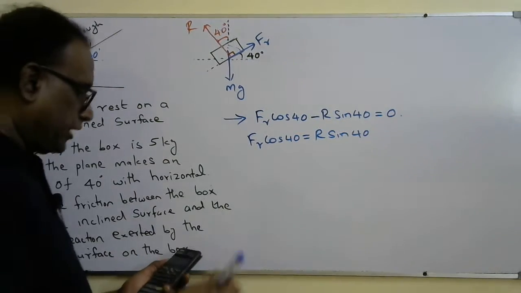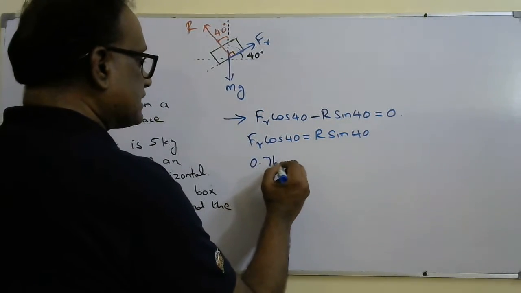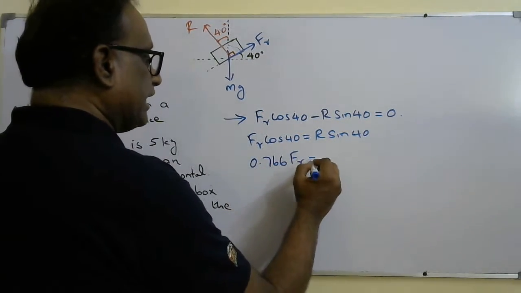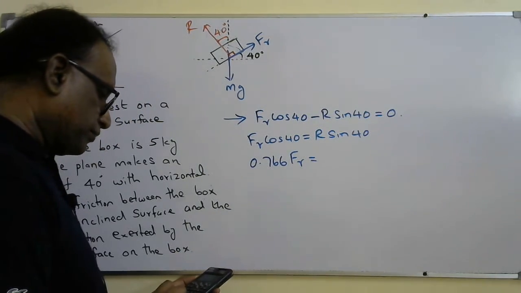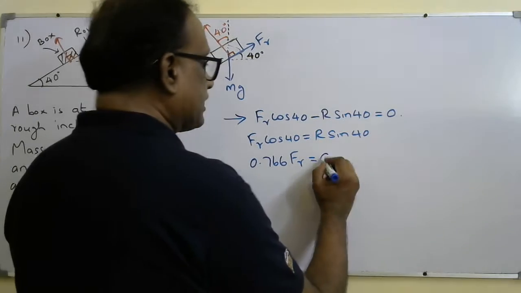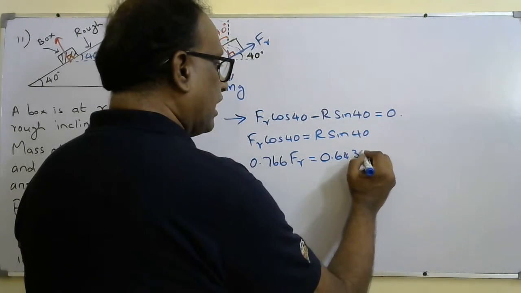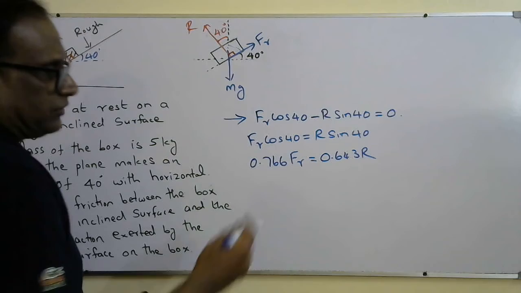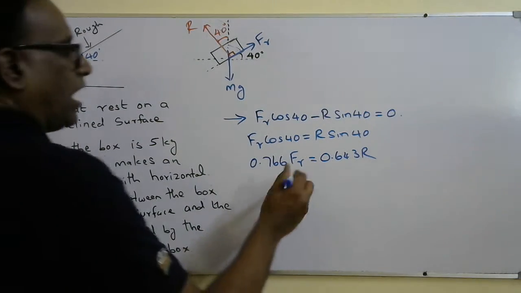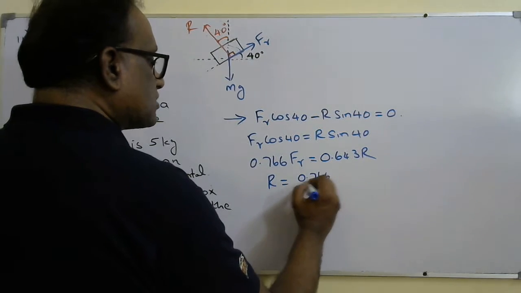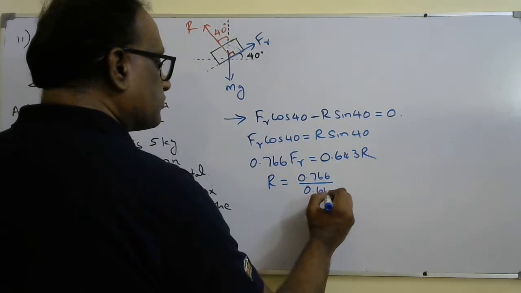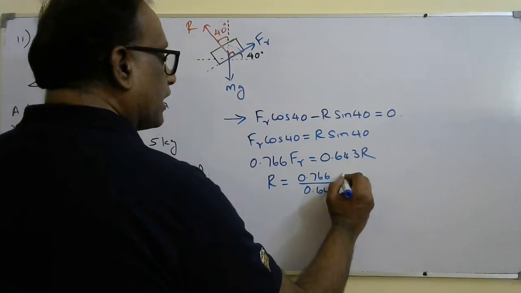So that will be 0.766 Fr equal to sin 40, that will be 0.643 R. Right, so anyway, you can continue. So I can say R equal 0.766 over 0.643 Fr.